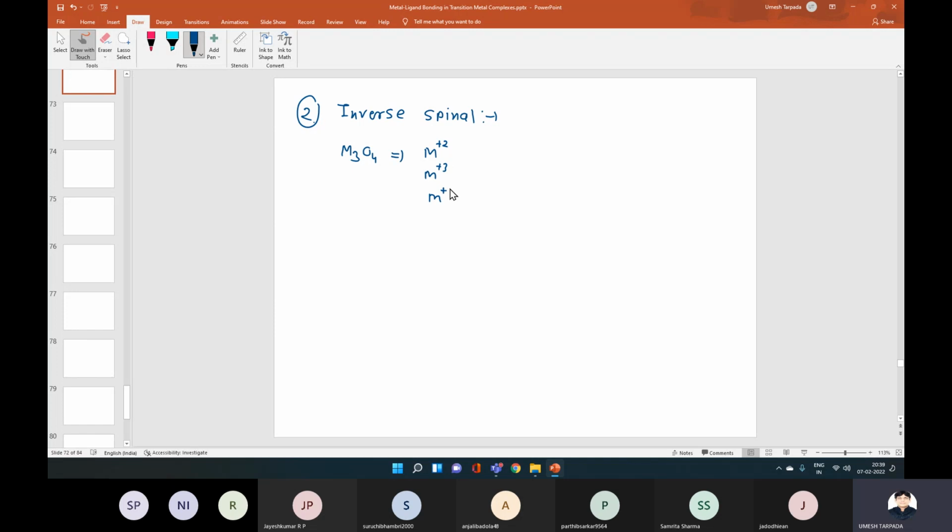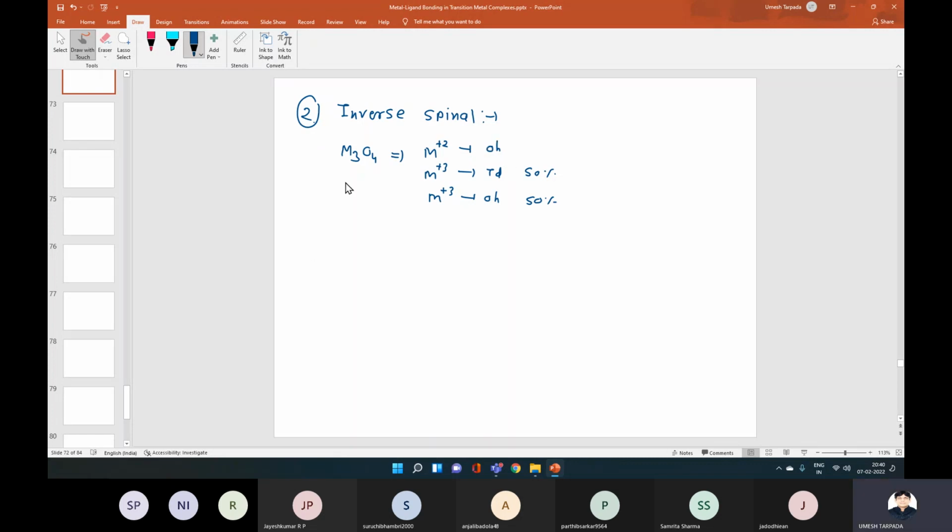Here the +3 metal is there 50% in a tetrahedral void and 50% in an octahedral void. That means one metal is in a tetrahedral and another one is in an octahedral void, a 50-50% distribution, and the +2 metal is in an octahedral void.